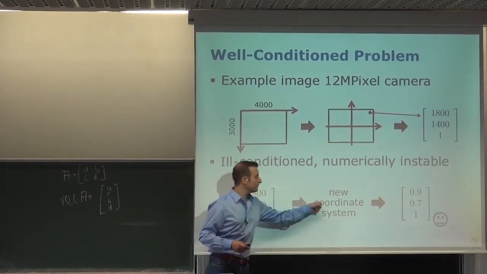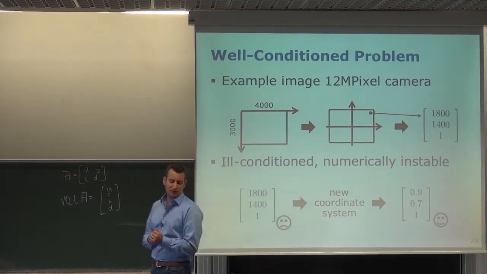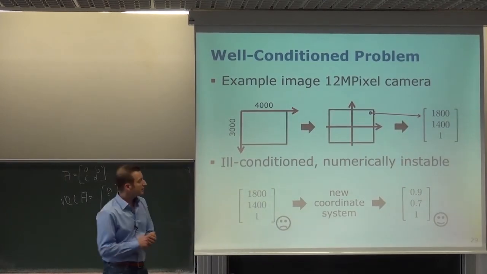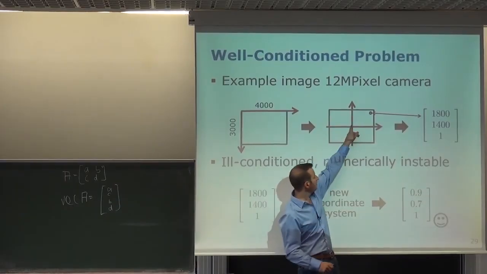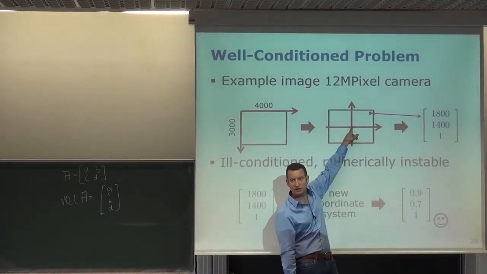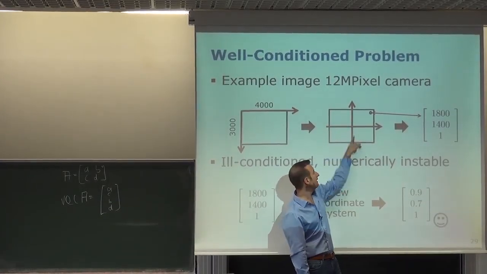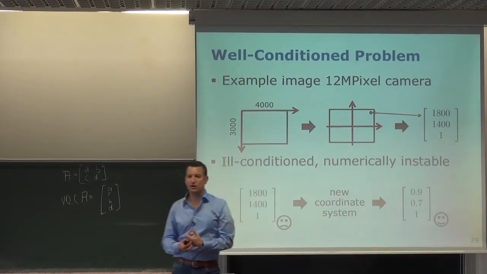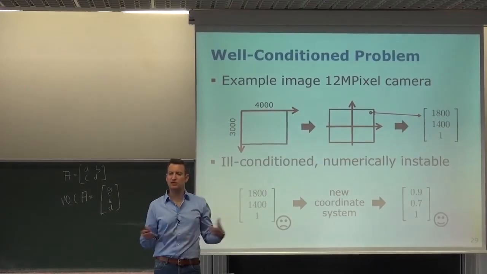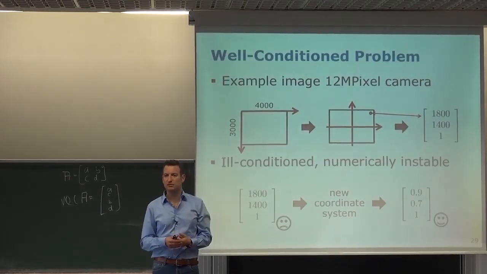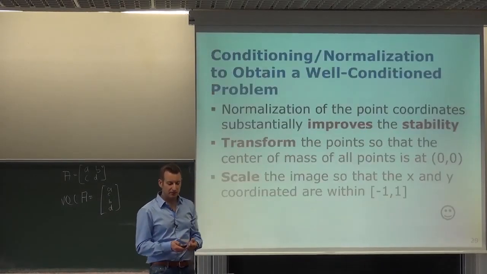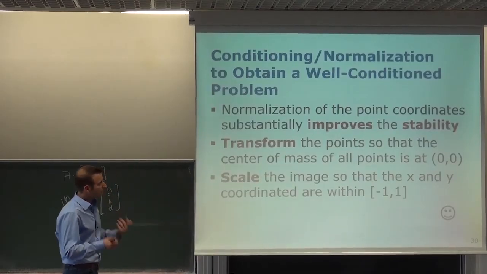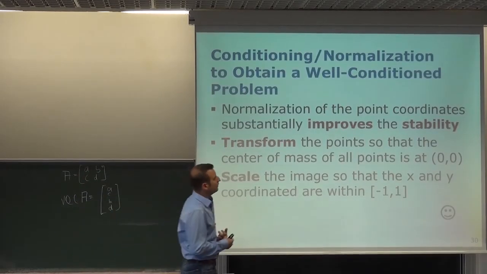This transformation into a new coordinate system is actually a very, very easy one. The only thing that I do is, the center of the image is the center of my coordinate frame, and then I scale this so that the points lie between -1 and 1. So they're all centered around 0 and take values between -1 and 1. It's called a normalization of the point coordinates.